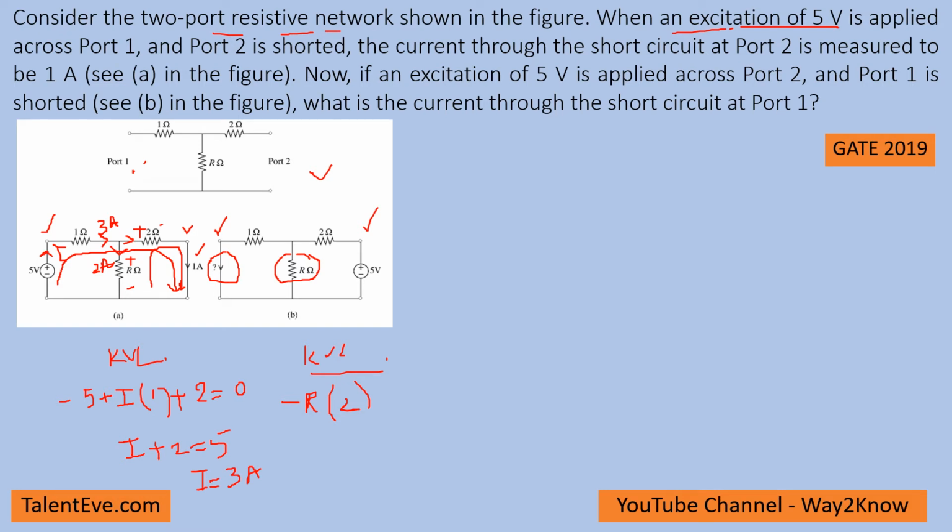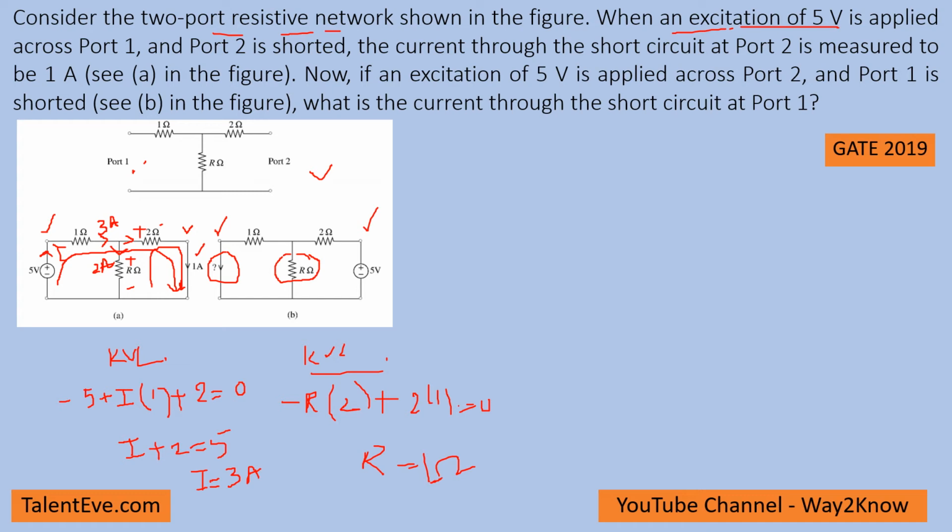And when you go to this loop, again plus 2 into 1 is equal to 0, which gives R as 1 ohm. So the resistance is calculated as 1 ohm here.